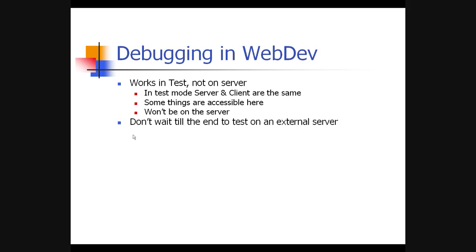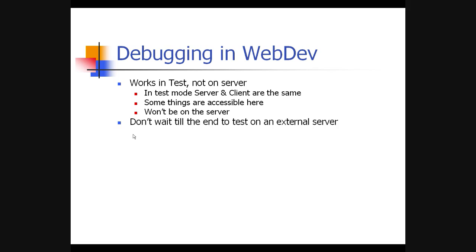The main thing that you have to remember about that problem is that you shouldn't wait till the end to test on an external server. And you shouldn't wait till you think everything is good enough to test on an external server.